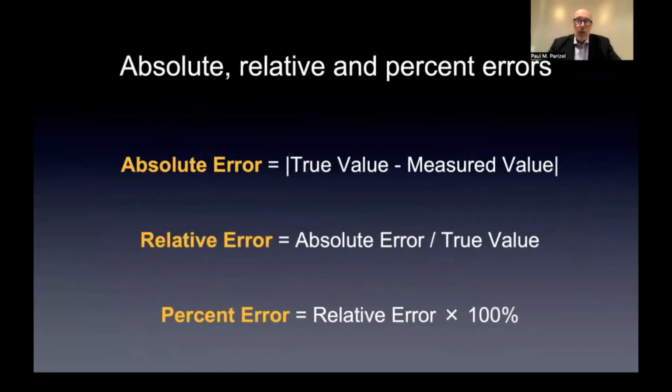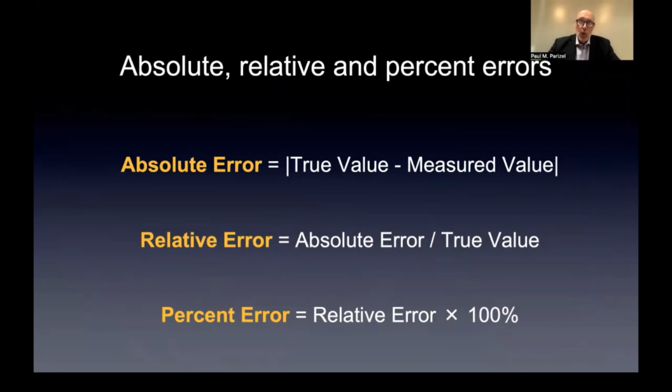An important error that I often see is that radiological journals have no indication of absolute, relative, and percent error. An absolute error is the true value minus the measured value. A relative error is the absolute error divided by the true value.